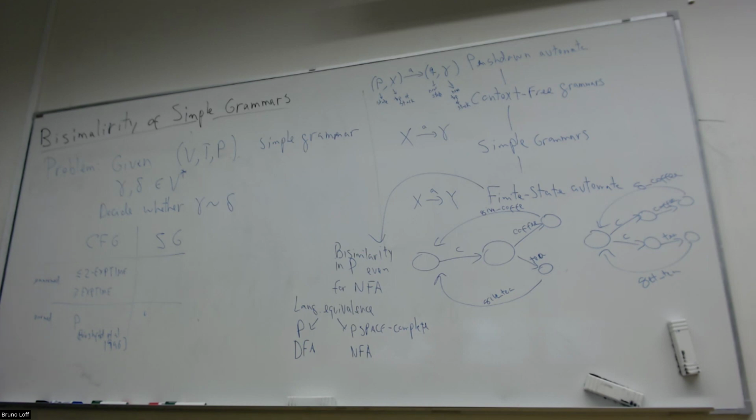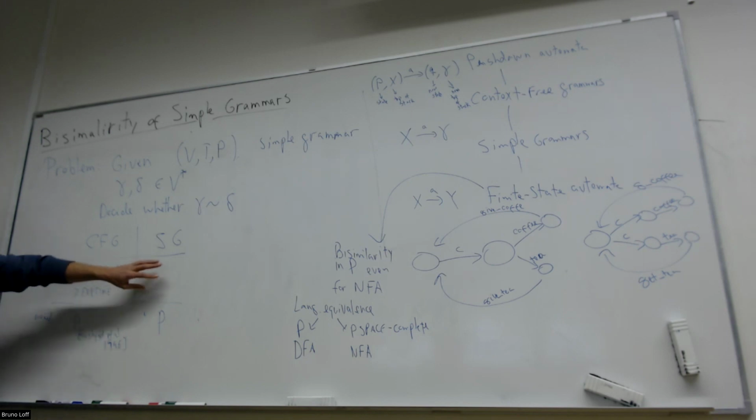Because there is a polynomial time algorithm for the case of normed context-free grammars, you also get a polynomial time algorithm for simple grammars. So the question is, what can we do here?